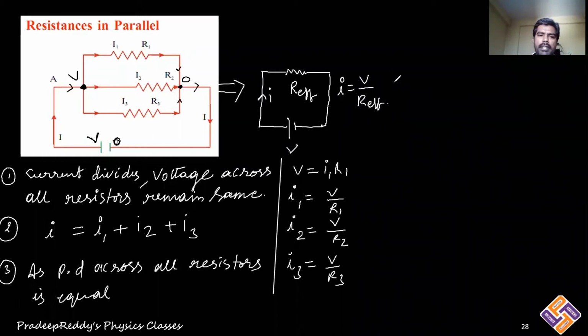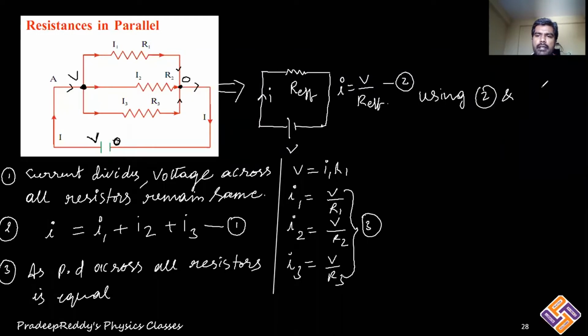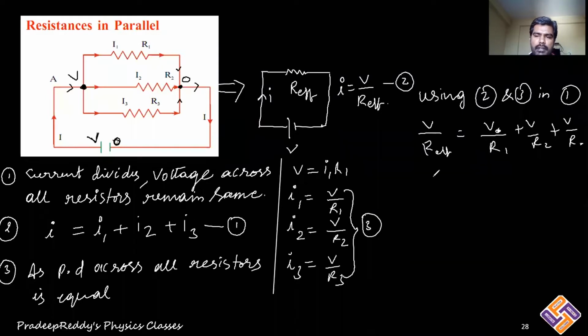Okay. Now let me take this as equation number 1, this as equation number 2, and this part as equation number 3. Now, using 2 and 3 in 1, you can write V divided by R effective is equal to V divided by R1 plus V by R2 plus V by R3.